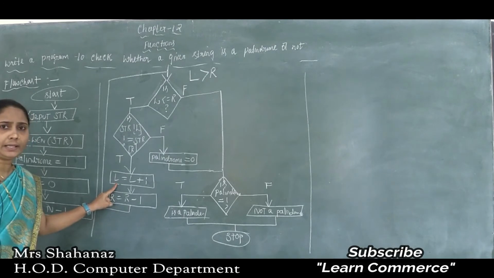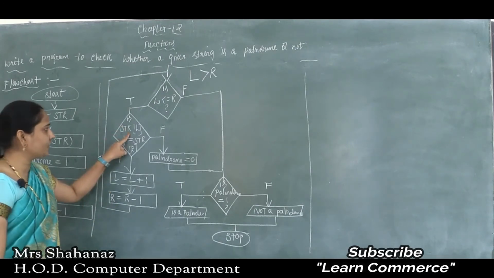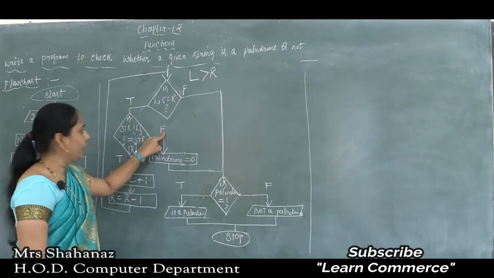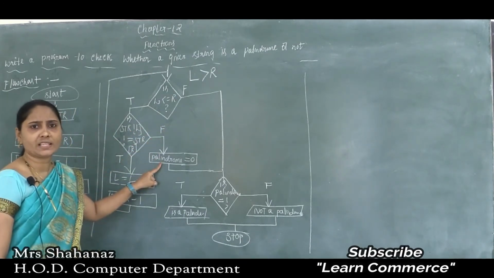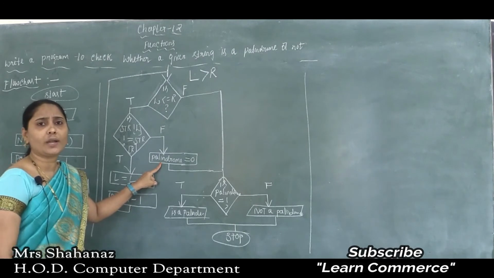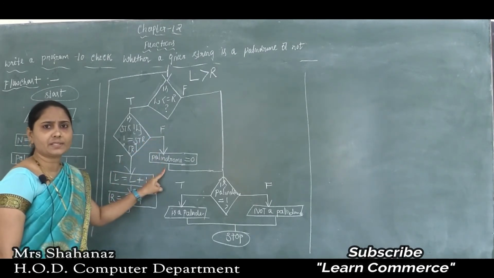So L is incremented by 1, L is equal to L plus 1, and R is decremented by 1, R is equal to R minus 1. And if such a condition is false, that is STR of L is not equal to STR of R, then palindrome is equal to 0.